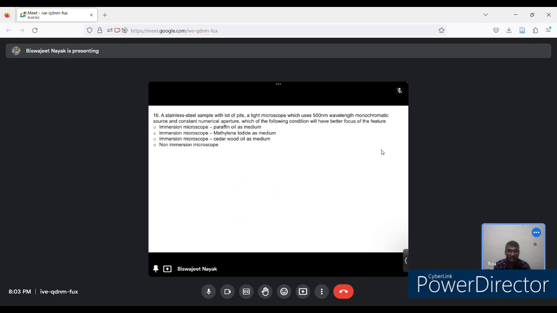A stainless steel sample with lots of bits, a light microscope which uses a 500 nanometer wavelength monochromatic source and constant numerical aperture. Which of the following conditions will have better focus of the feature?